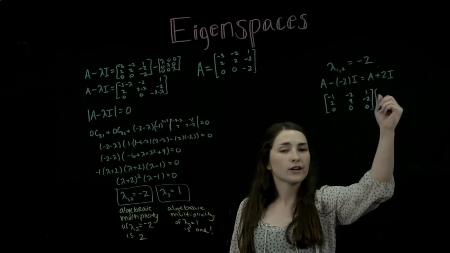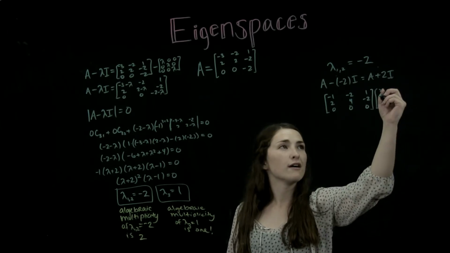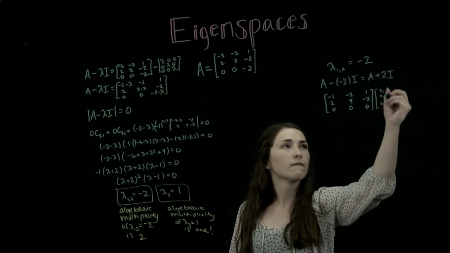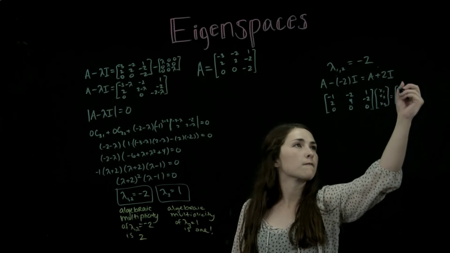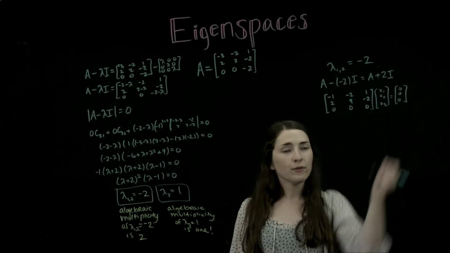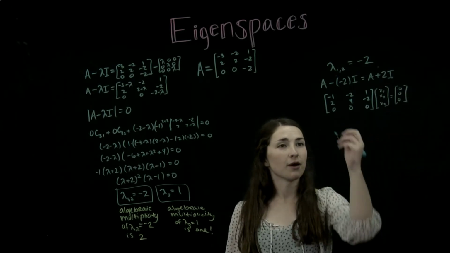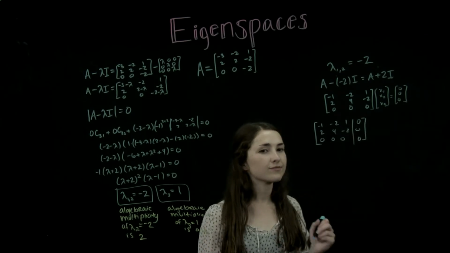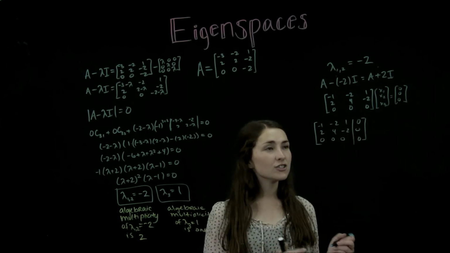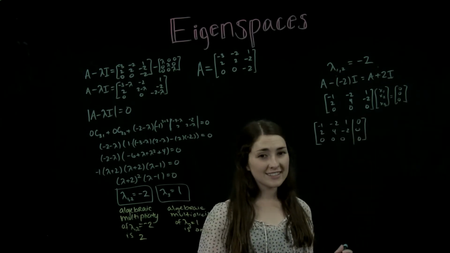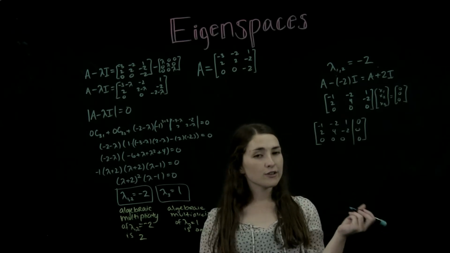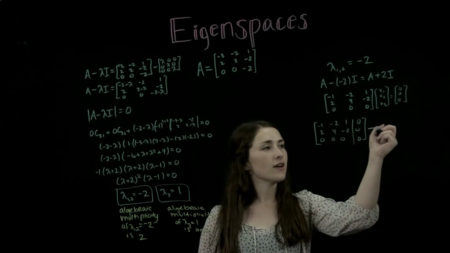And then once again, we are going to be solving for the null space, so we have this equation. And then we can augment this matrix with this one. Okay, so now to see what our x, y, and z are going to be, we'll use row operations. So we'll just do that real quick.